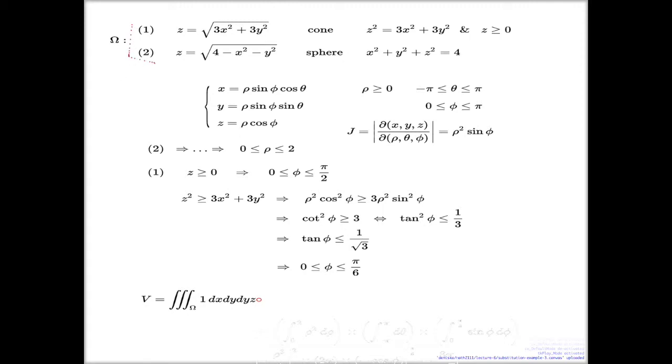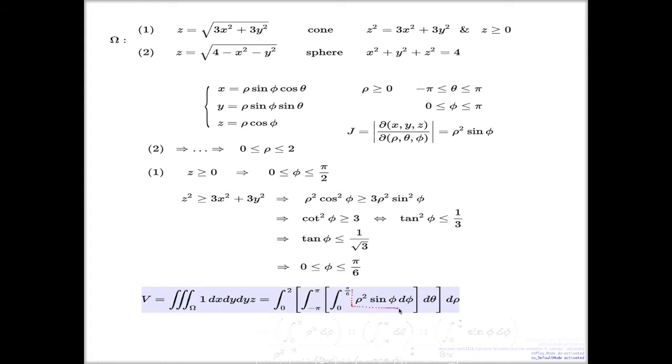After substitution, here's my repetition via Fubini. Very easy repetition, because my region in the rho, phi, and theta space is the upright parallelepiped. And I can say even more, because here again, if you look at the function, it's purely factorizable into a pure rho factor, a pure phi factor, and a pure theta factor. And you have an upright parallelepiped.